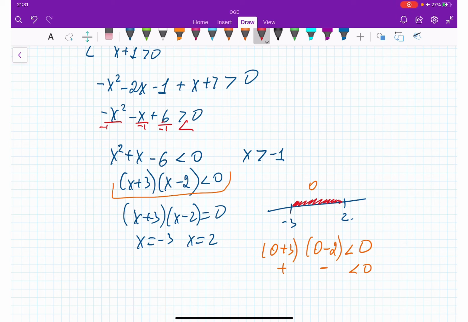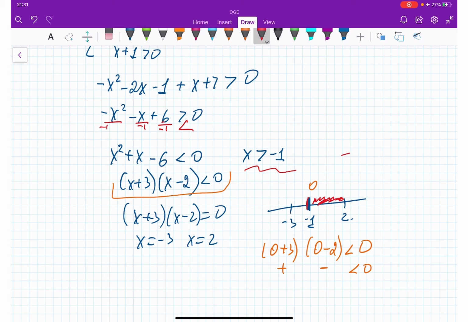-3 and 2. But because we also have x greater than -1, where is my -1? It's right here. Then this is going to be cleared, and the answer will be only between -1 and 2. Why?